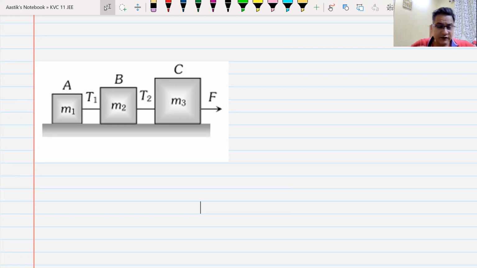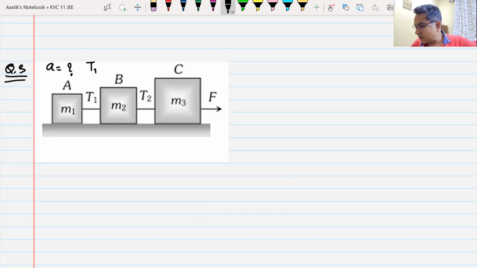I'll give you 2 minutes. F is the force. F is given to you, m1 is given to you, m2 is given to you, m3 is given to you. You have to find out the value of A, which is the acceleration of these blocks. You have to find out the value of T1, you have to find out the value of T2.